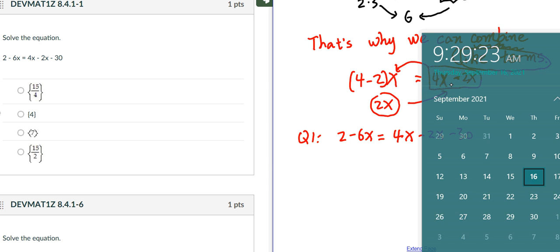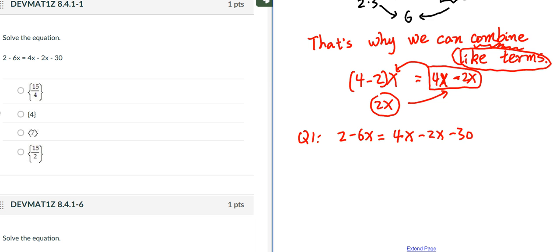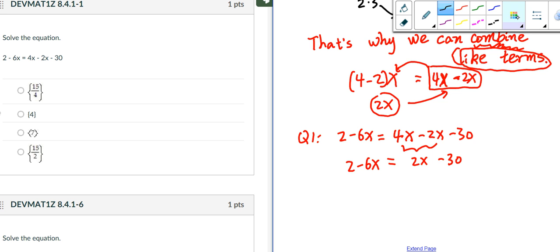You see 4x minus 2x, this will give us 2x. Then minus 30 on the right-hand side, and here we have 2 minus 6x. All right, let's keep going, working on that.